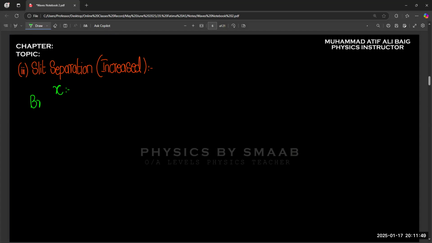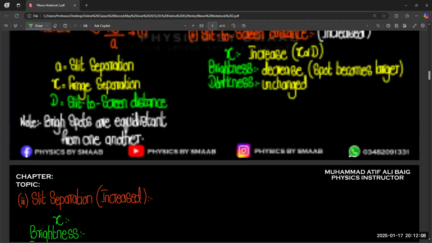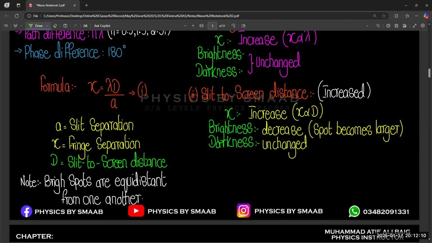Again, we have brightness, darkness. If you compare x with a, x is inversely proportional to a. So if there is an increase in the value of a, definitely there will be a decrease in the value of x.